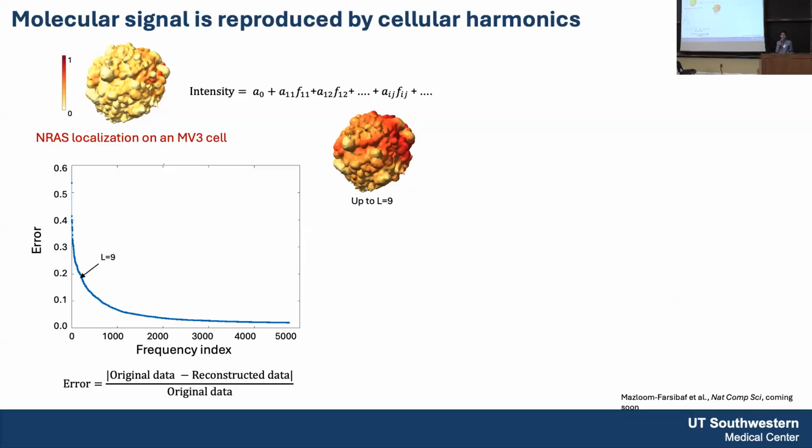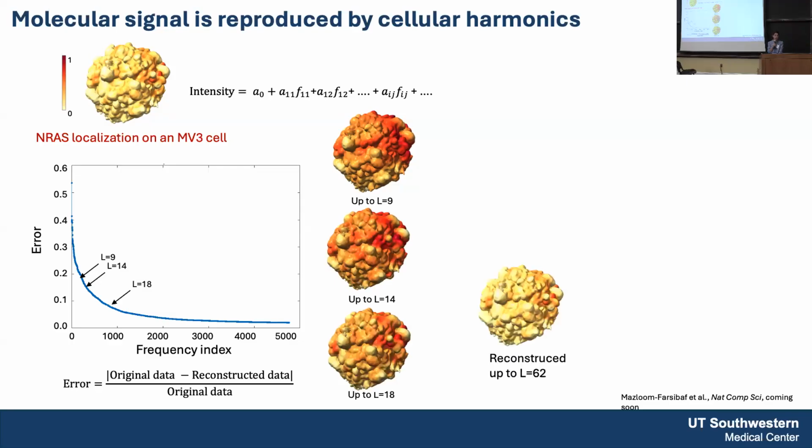Since we can parameterize our signal, we can reconstruct it, again similar to a Fourier transform. By adding more and more of these eigenfunctions, we can recreate our original pattern. As you will see here, in this case we need up to 62 levels.